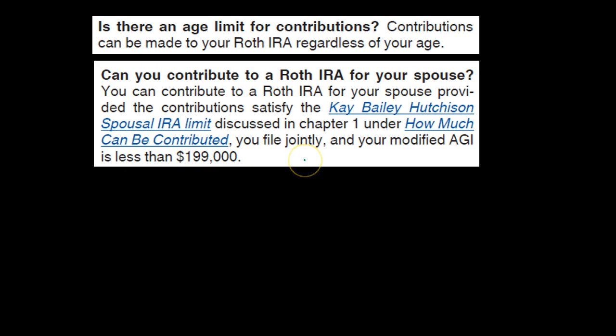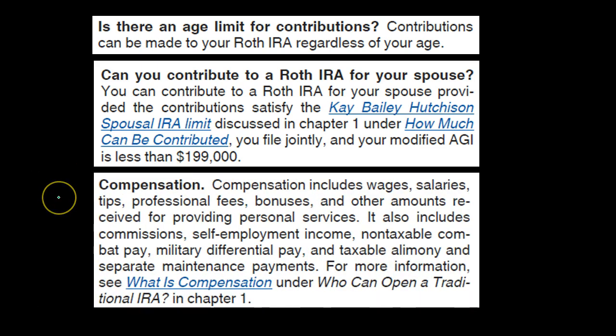You file jointly and your modified AGI is less than the $199,000, which of course is the modified AGI limitation. Compensation. Compensation includes wages, salaries, tips, professional fees, bonuses, and other amounts received for providing personal services.